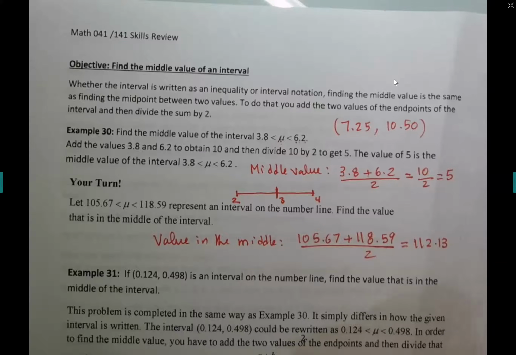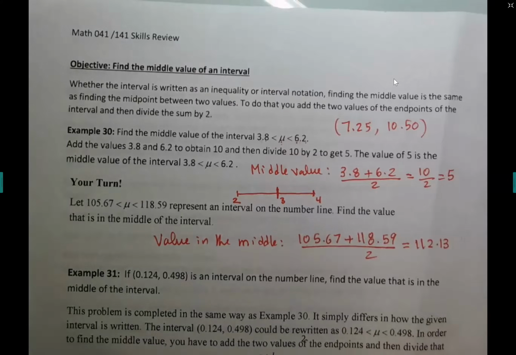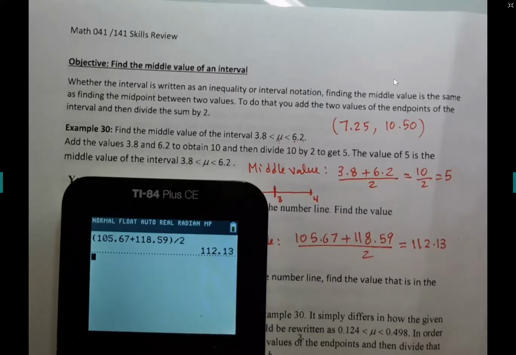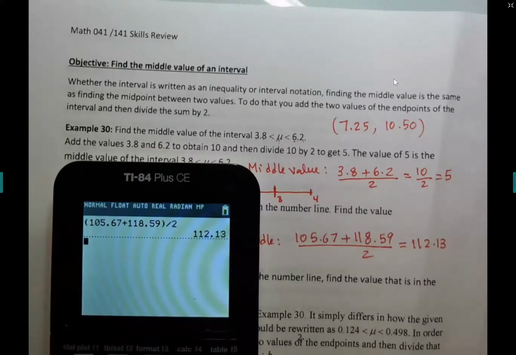Maybe you're wondering why the middle value is very important. You will see that shortly. Divide by 2. And let's do it here. Open parentheses, 0.124 plus 0.498, close, divide by 2, 0.311.